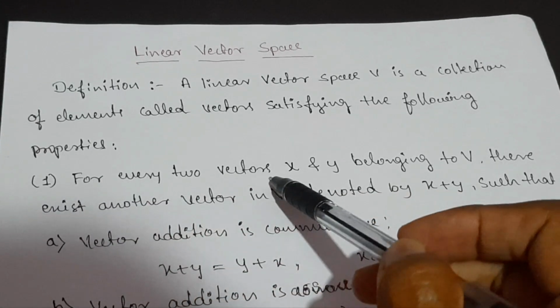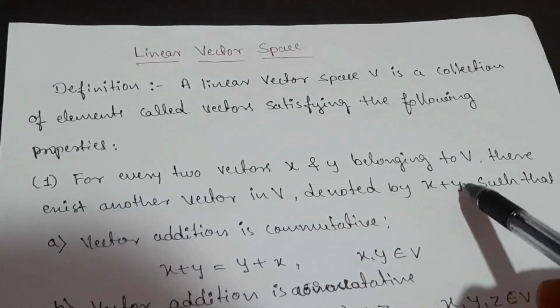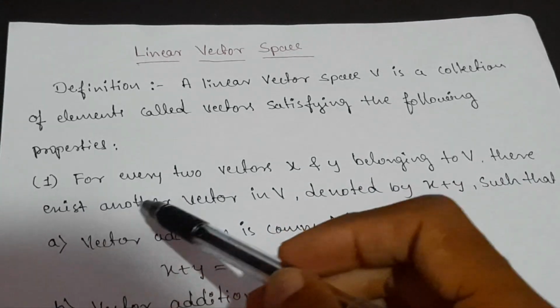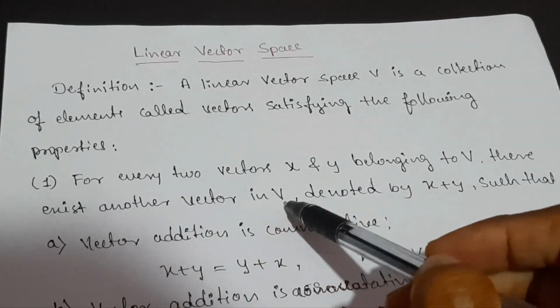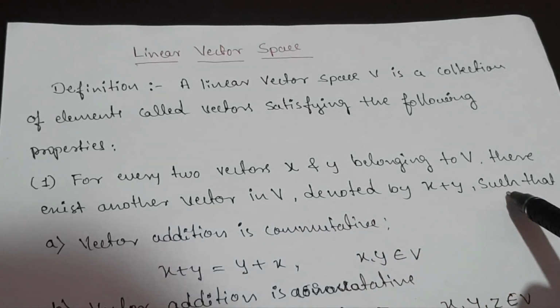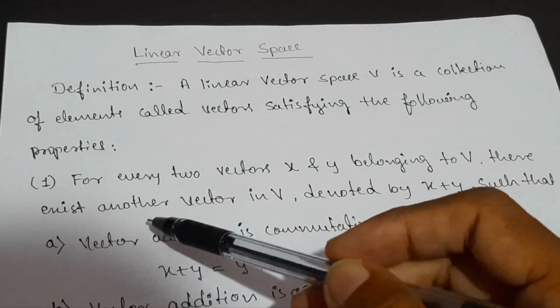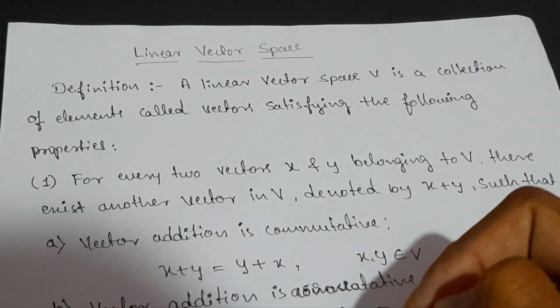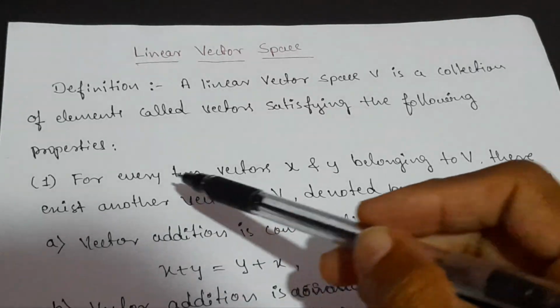For every two vectors x and y belonging to V, there exists another vector in V denoted by x plus y, such that it follows some rules of vector addition.